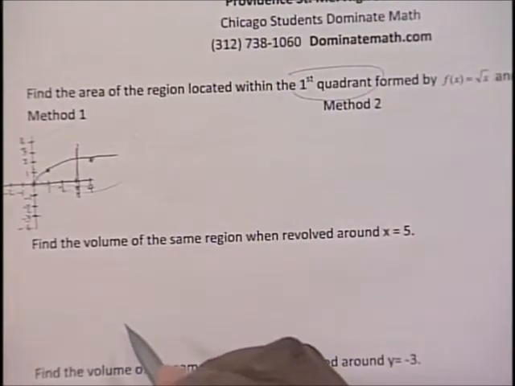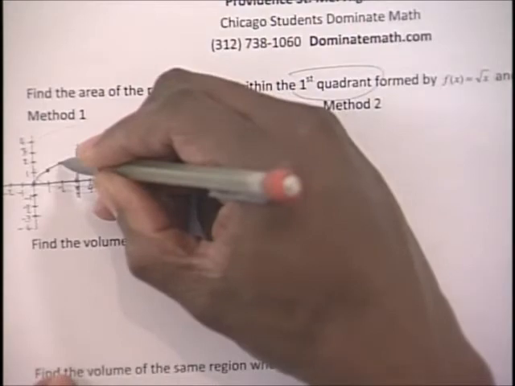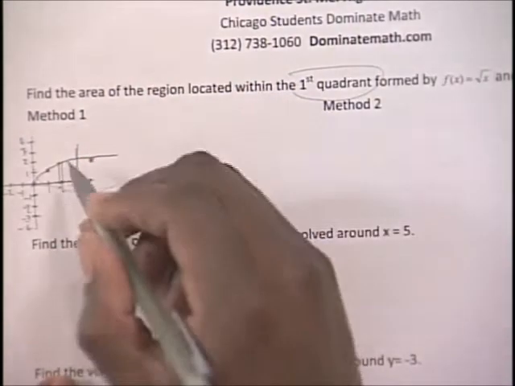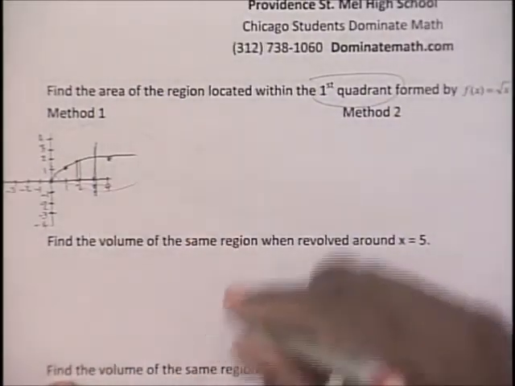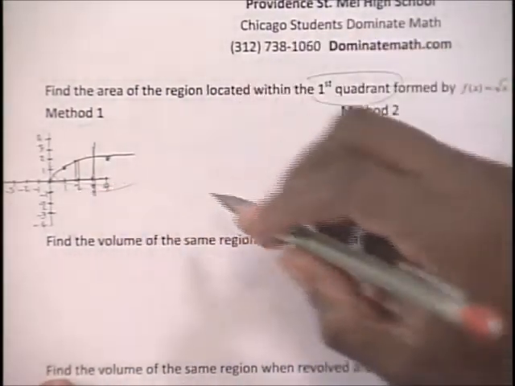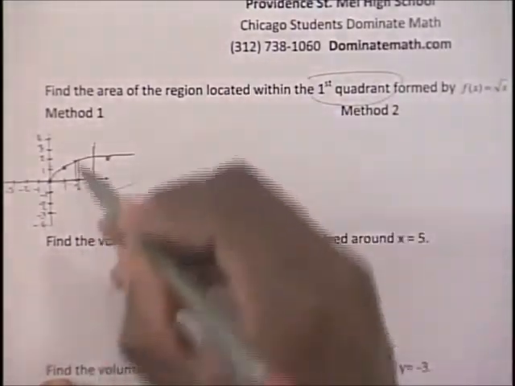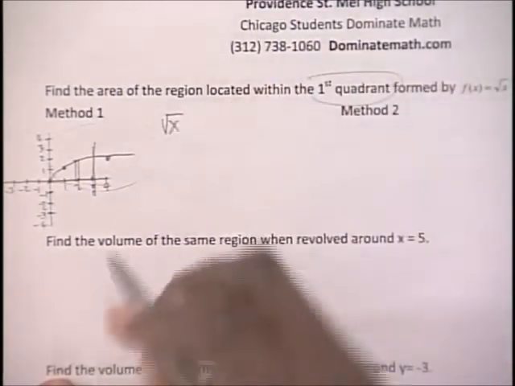So one way of finding the area is to set up a vertical slice like so. The area of this slice, I told my students, you need a height times a base. The height is the top minus the bottom. The top is radical x, so you take radical x minus 0.